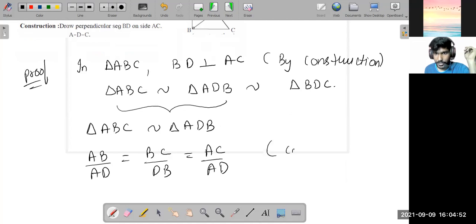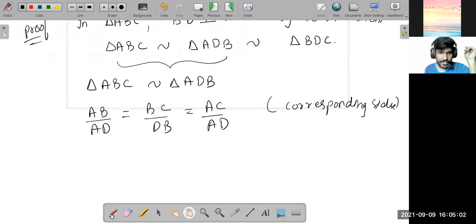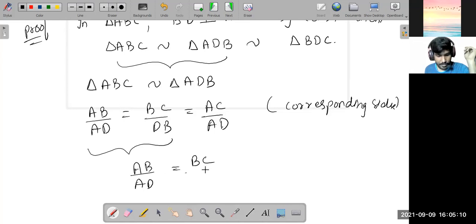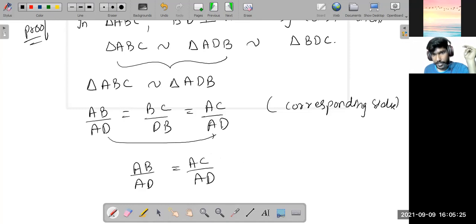Okay, so these are corresponding sides. Now from here, sorry, not the first two. First and the last one we'll take. We don't require the middle one. So AC upon AD.